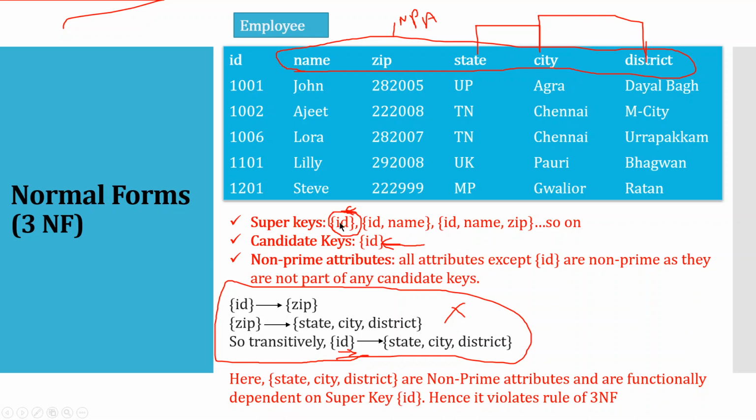But because of this, this table cannot be said to be in 3NF. So we need to change the table because these non-prime attributes are in transitive functional dependency with one of the super keys, that is ID. Clear with this, guys?